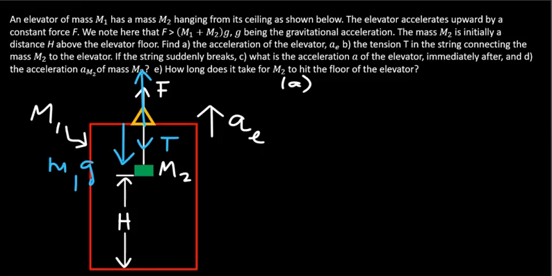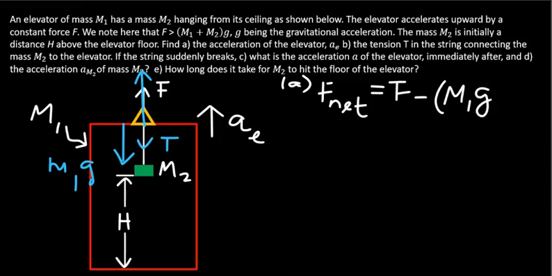Since the elevator is accelerating upward, there is a net force in an upward direction. So the net force in this case, acting on this elevator, equals the upward force F minus the sum of the two downward forces. So m1g, which is the weight of the elevator, plus the tension in the string.